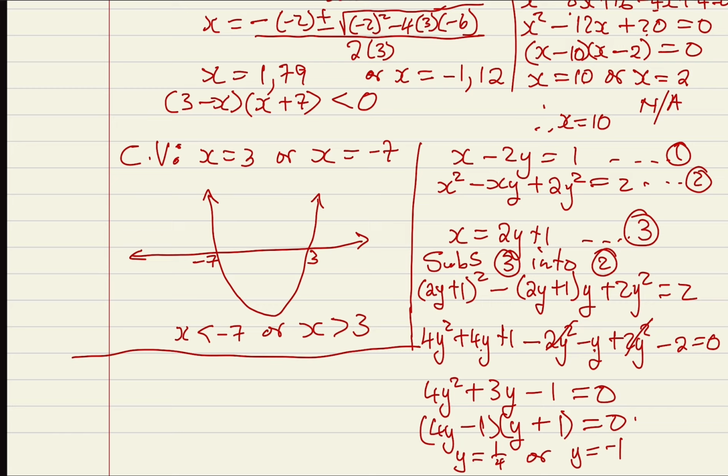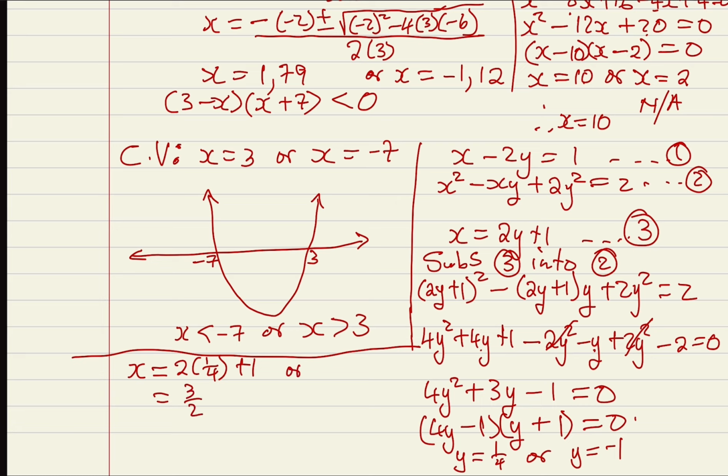Then you go and check your x values. x is equal to 2 into 1 over 4 plus 1, okay? In that case, you will have this to be half. Half plus 1 will give us 3 over 2.